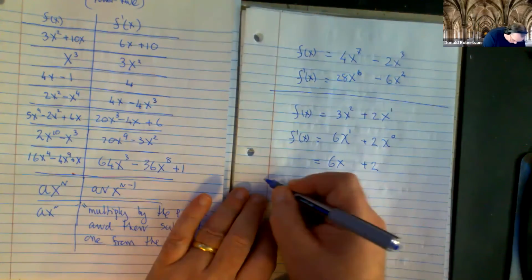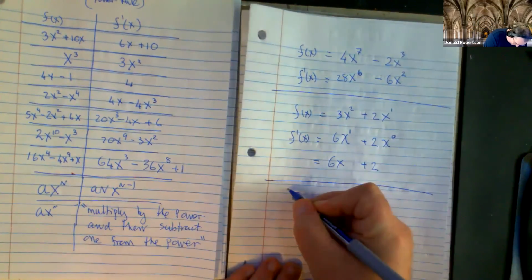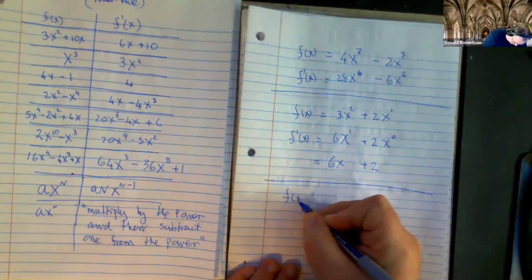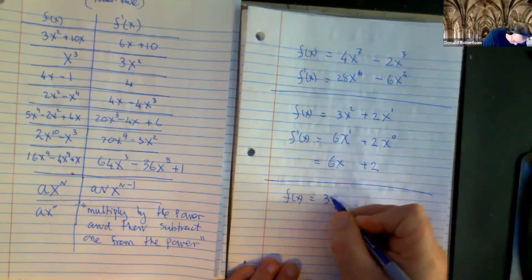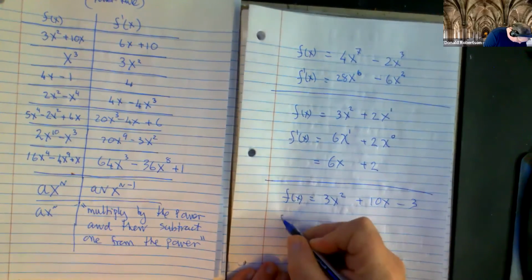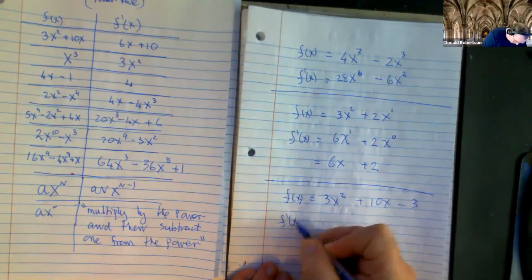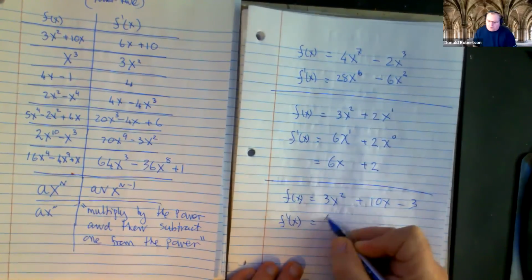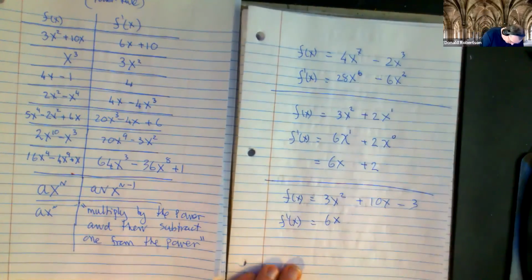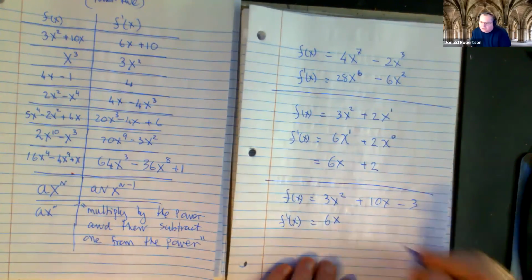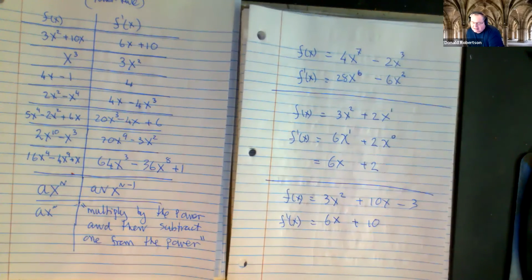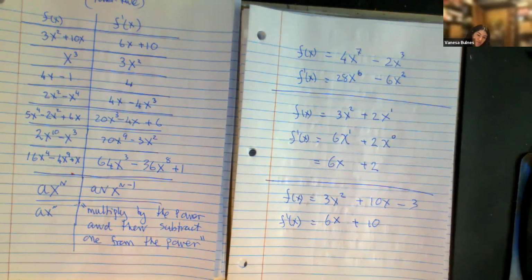Now, what about this fella? Multiply by the power, reduce the power by 1. Done. 10x just gets you 10. That's the easy way to remember them. What on earth does a number on its own get you? 0. What made you think that?